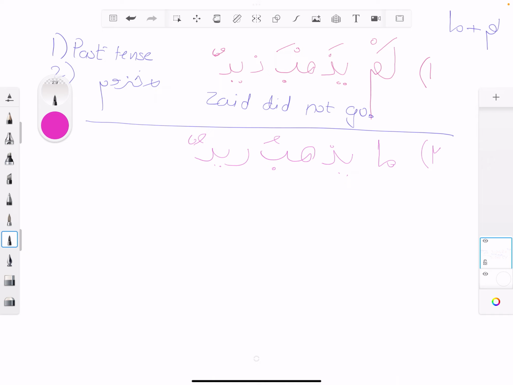Ma yadhabu Zaydun. Okay. The only thing you need to remember with this one, and we'll get lots of practice in this lesson and the next lesson, inshallah, is that this comes before a mudari, of course, and the negative meaning here is in the present tense.